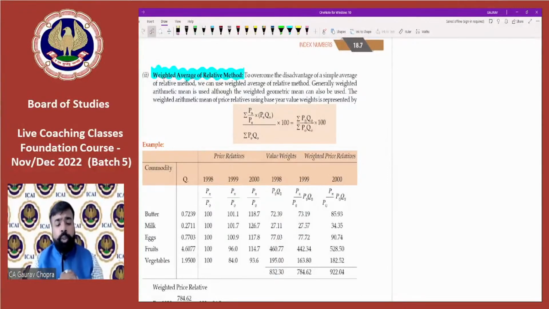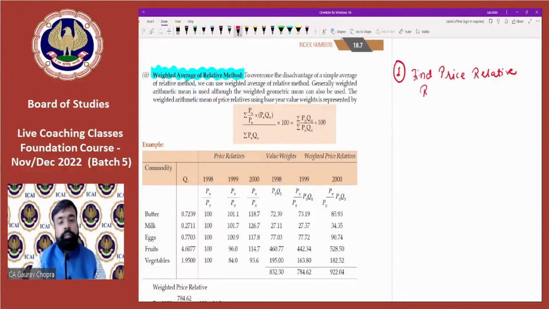Similarly, here also we can write the two steps. The first step is find price relative, that is R. The formula is the same, P1 upon P0 multiplied by 100.